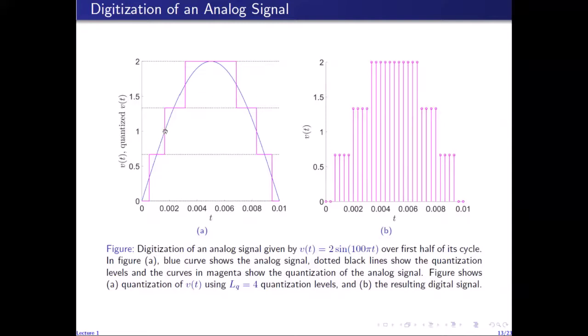So the maximum difference between the value of an analog signal and the quantization level is when the amplitude value of the analog signal lies at the midpoint of this quantization step. When that is the case, the difference between the quantized value and the actual value will define the maximum quantization error.